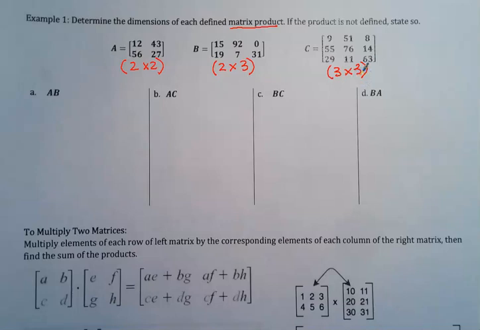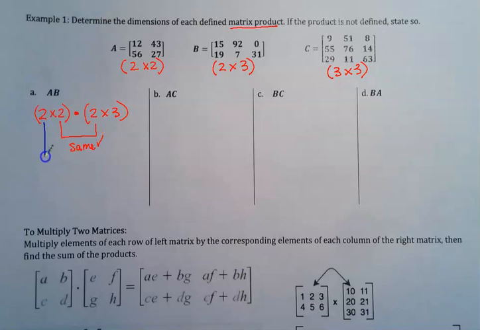So that's going to be the first step to help us. So can we do A times B? So we're going to have a 2 by 2 times a 2 by 3 matrix. All right, so are these 2 numbers the same? Yeah, they are, so we can multiply it.